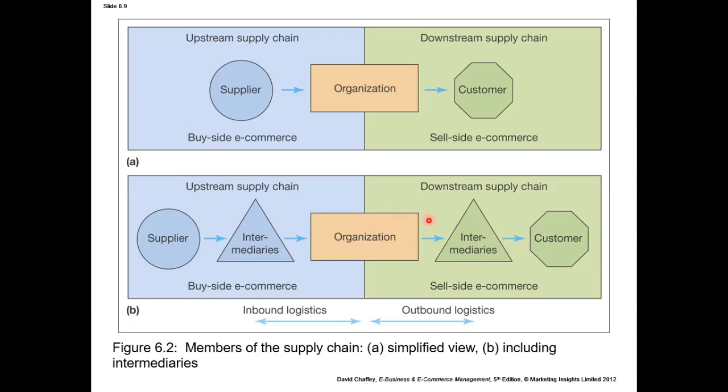So all these organizations, parties and people combine together, right? All these business partners combined together may form these intermediaries until the product or service finally reaches the consumer, right?